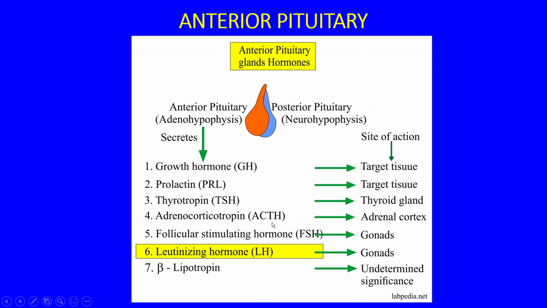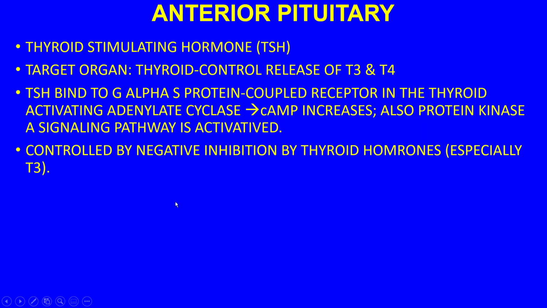Every one of these hormones has a site of action, either a target tissue or broad target tissues, a particular organ such as the thyroid or the adrenal cortex or the gonads. The interesting thing is we really haven't gotten anything clear about beta-lipotropin, and I'll explain more of that in a short time. So what we're going to do now is go into a couple of pointers about each of the different hormones released by the anterior pituitary.